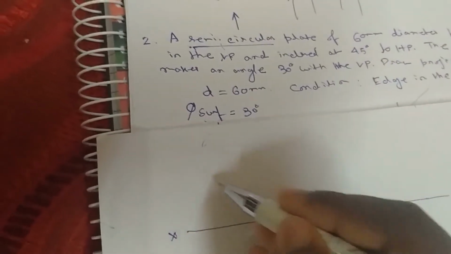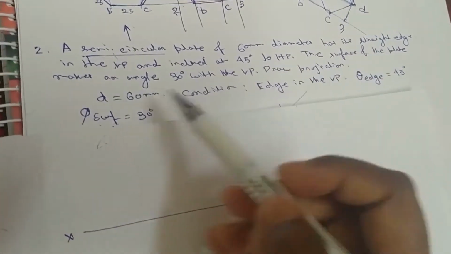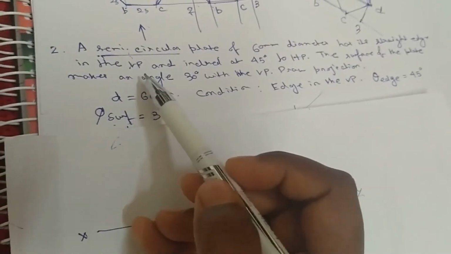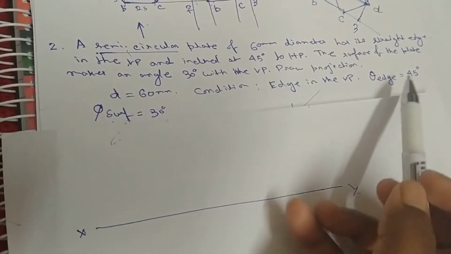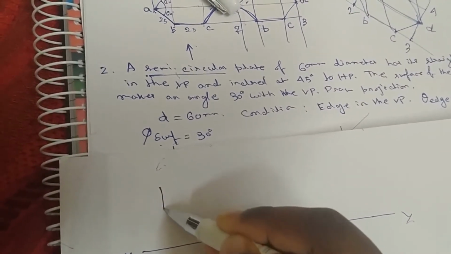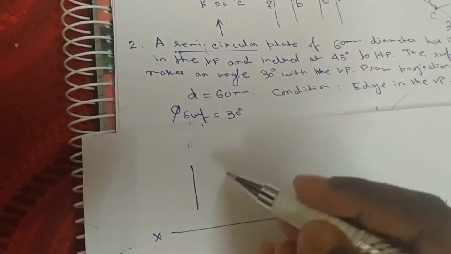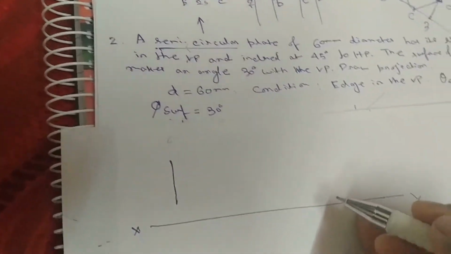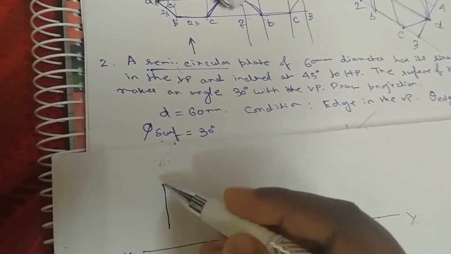It is also saying that edge will be in the HP. Since it is already saying edge is making angle, so we are going to put the edge perpendicular to our XY line so that we can rotate it 45 degree angle at our third step.